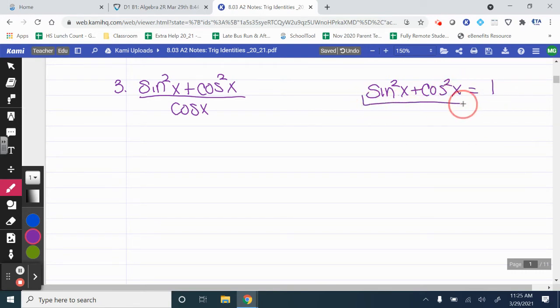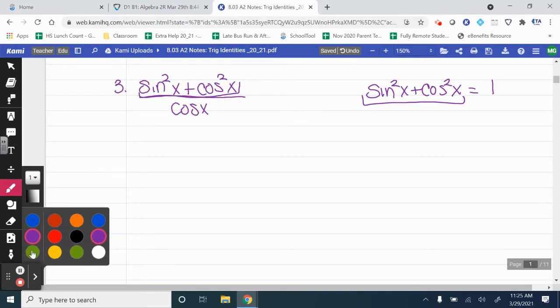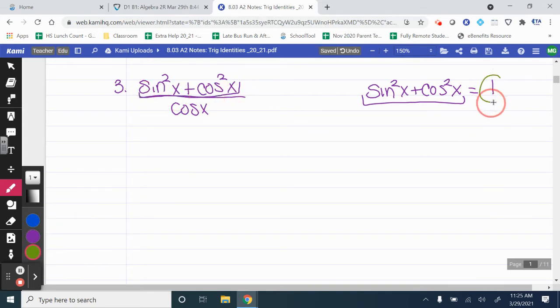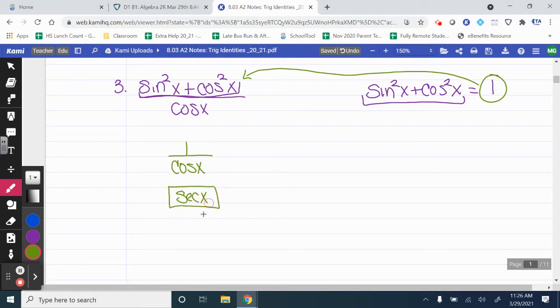So I can take out that whole thing in the numerator and replace it with what it's equal to, which is a 1. So that's 1 over cosine of x. And how can I rewrite 1 over cosine of x? Well, think about what is the reciprocal of cosine. 1 over cosine of x is equal to the secant of x. Okay.